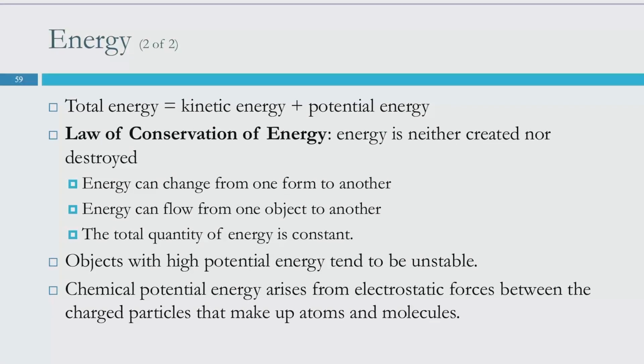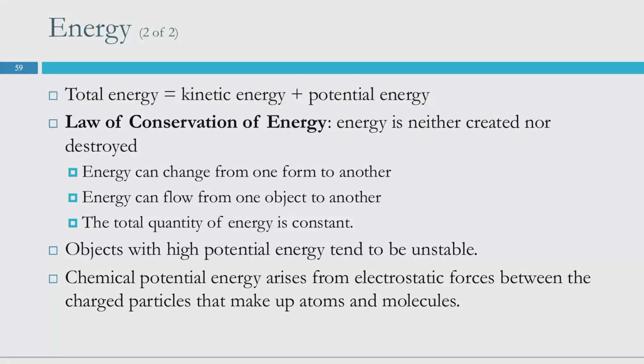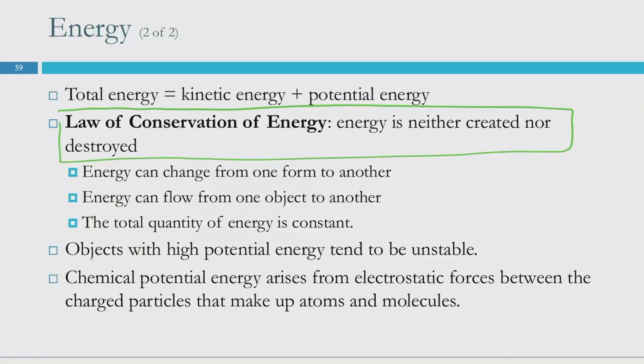We have a law of conservation of energy. Does anyone remember the other law of conservation that we've talked about? I'm pretty sure that was this class. Law of conservation of mass. So mass or matter is neither created nor destroyed, and the same is true generally for energy. So the law of conservation of energy says energy is neither created nor destroyed.